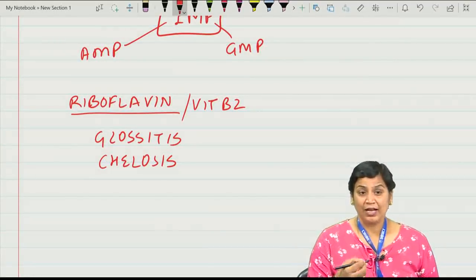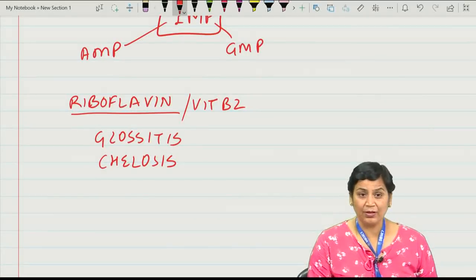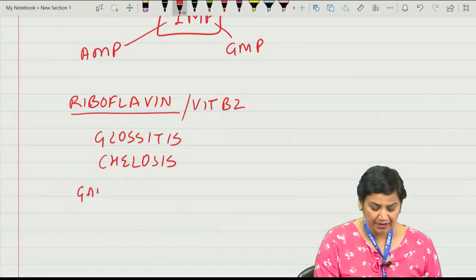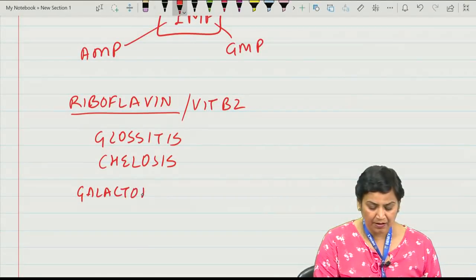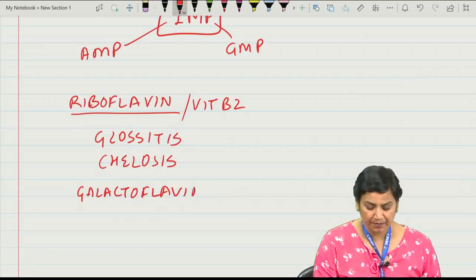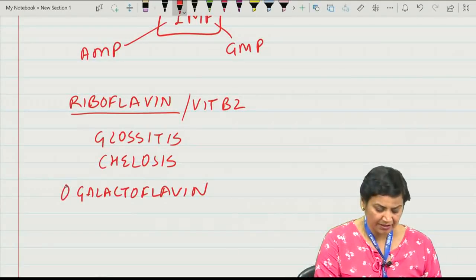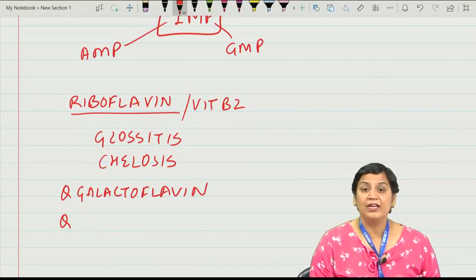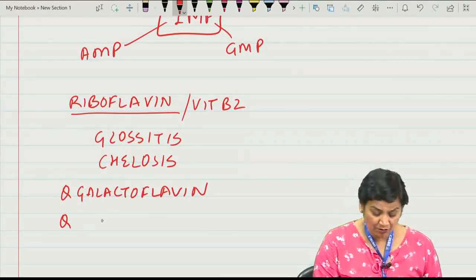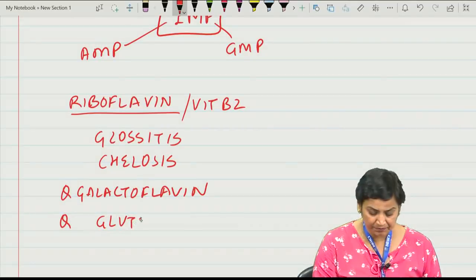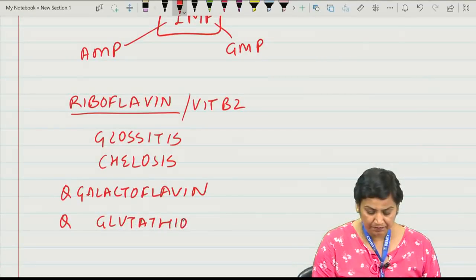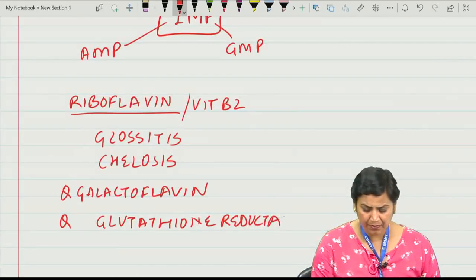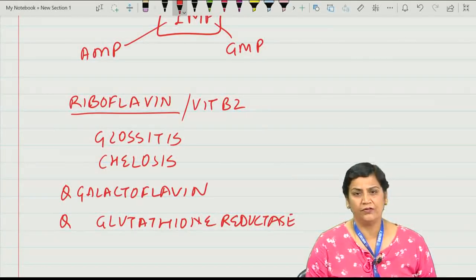Another important aspect I would like to mention here is, the anti-metabolite of riboflavin is galactoflavin. Second important question regarding riboflavin is we have to carry out the assay of glutathione reductase in B2 deficient subjects.